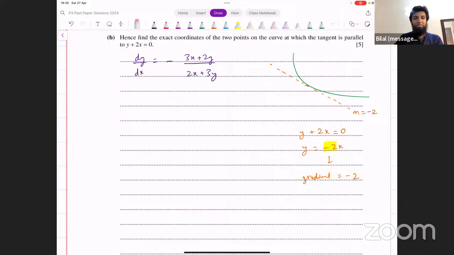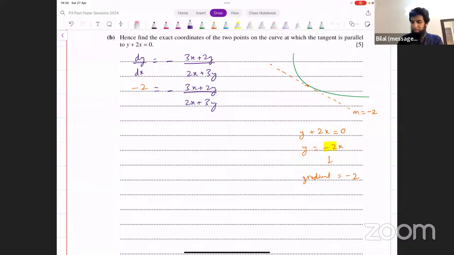If the tangent has this gradient, what about the gradient of the curve at this point? That's also supposed to be negative 2. So all we've got to do is equate this derivative to minus 2. And that gives us an equation like this. Minus 2 equals minus into 3x plus 2y divided by 2x plus 3y.